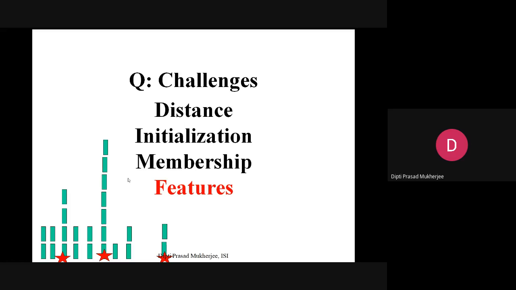Finally, the memberships. Membership is also a very important challenge. When I'm saying that this is a flower and this flower is a rose flower, I'm 100% sure that this unknown segment belongs to the red flower. But it might happen that in your model you have three kinds of flowers: chrysanthemum, rose, and maybe dahlia.